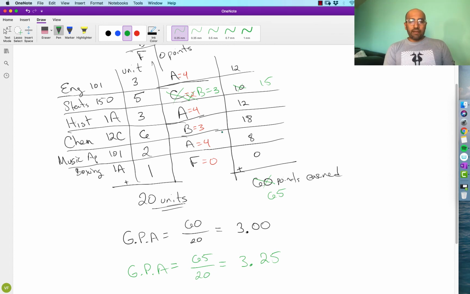Notice that the most impactful thing here, the thing that added the most to their total, was this one, the 18. Even though they only got a B there, there were places where they got A's. They got an A there, they got an A there, but those resulted in fewer points because the units were smaller, right? So the fact that the chemistry class has 6 units gives it a heavier weight.